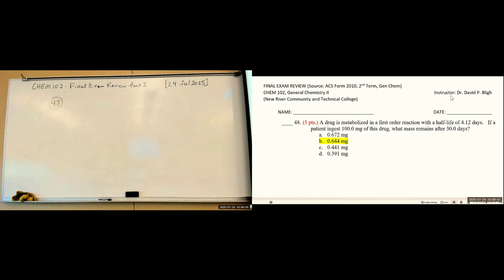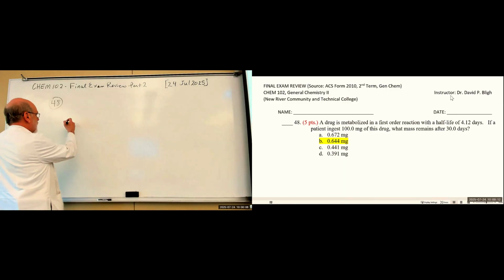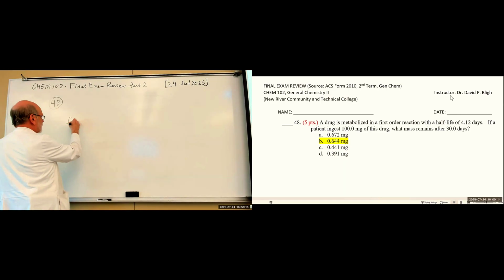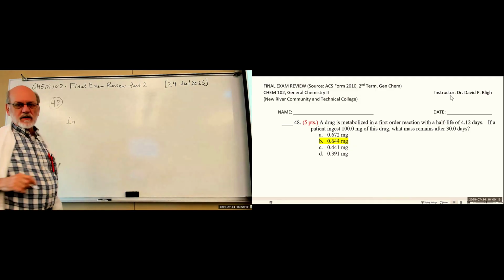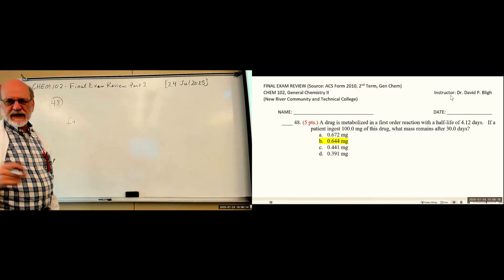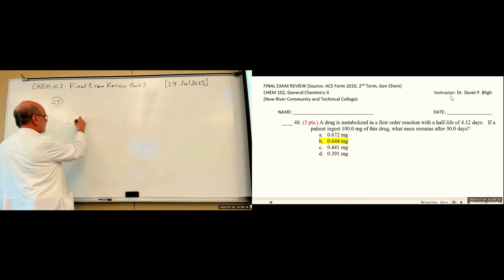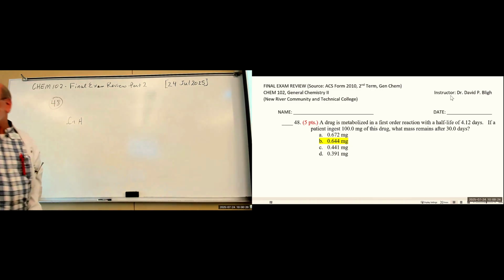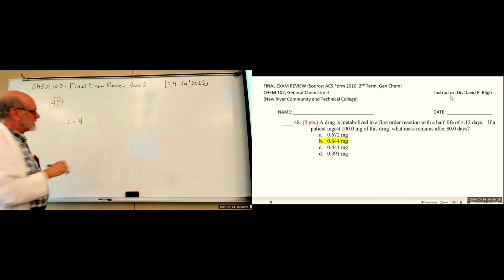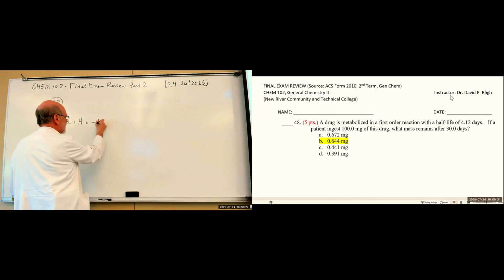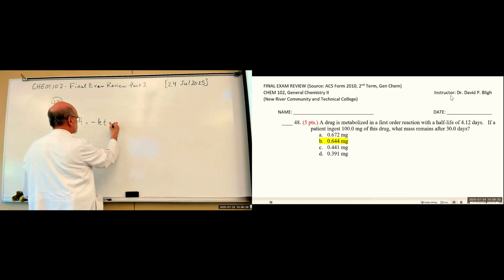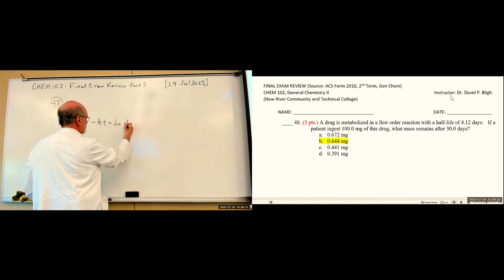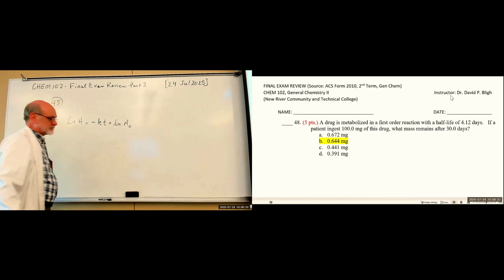And the integrated rate law for a first order reaction incorporates natural log. Natural log of, it doesn't give the drug a name, so we're just going to say A. So that concentration, natural log of A, equals minus kt plus log of A0.